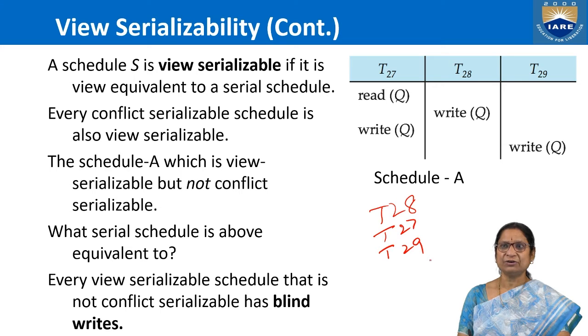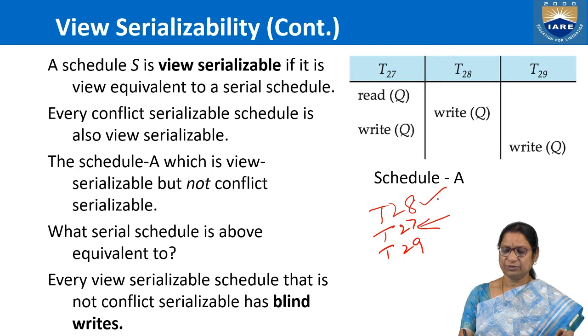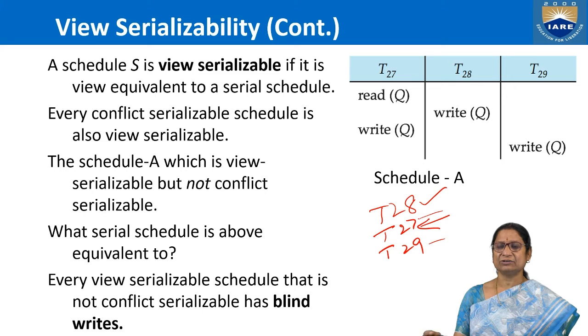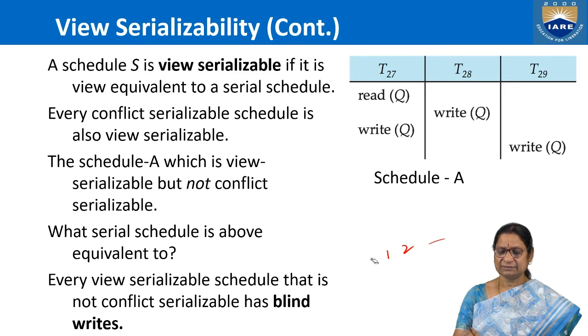You observe the initial value was read by T27. In this example also, only T27 reads it, because other transactions are not reading. The write operation performed by T28 is used by T27, and the write operation of T29 is the final write, written after T27.